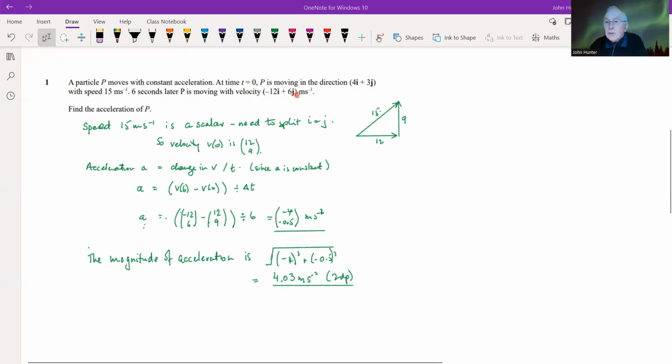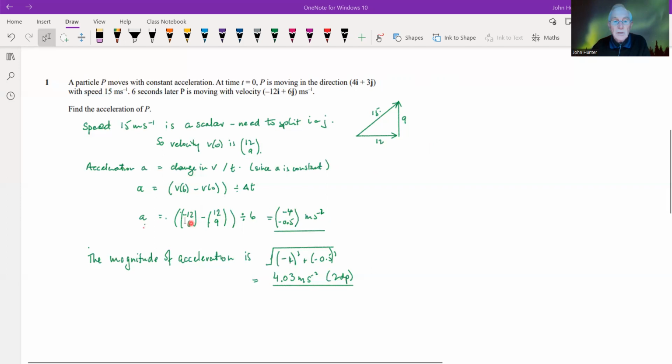And just as a tip, it's almost always easier to write these as a column vector with your I and your J. The reason is, you've got rather complicated statements with I's and J's in, and you have to scan through it to see which are the I parts and which are the J parts. When you write it in a column vector like this, as we can see from this example, the calculations are rather more obvious.